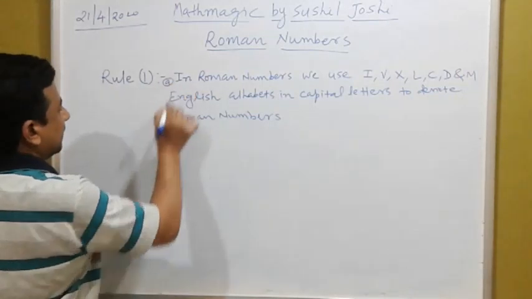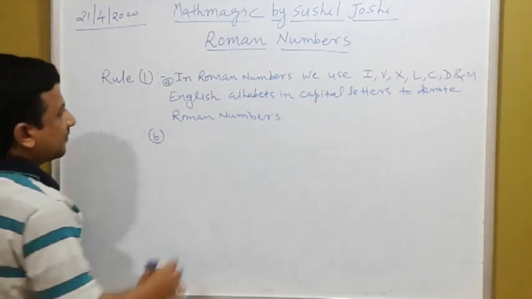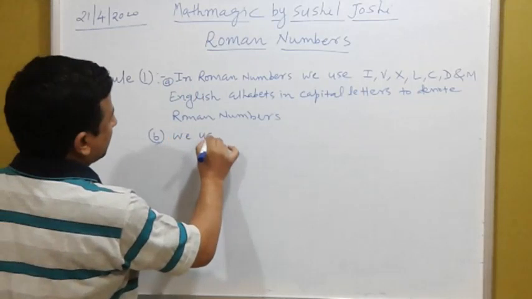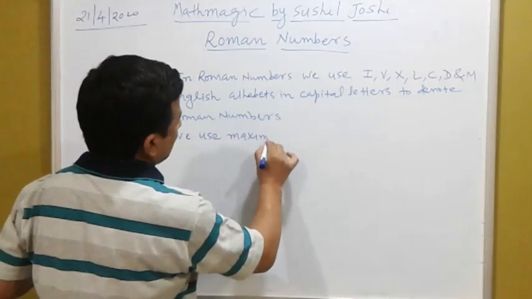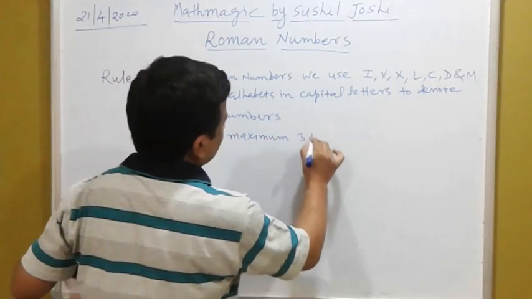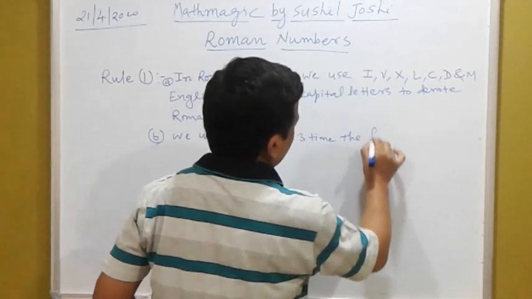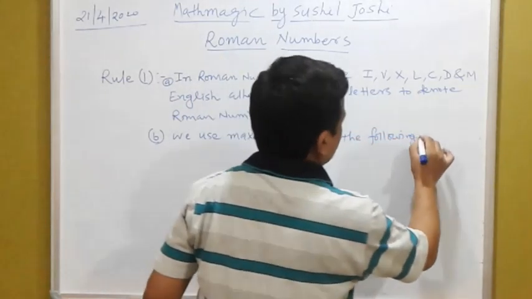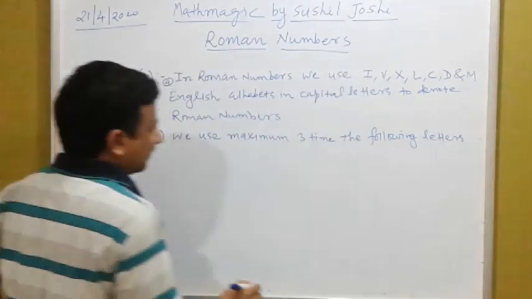Then the second part of rule 1. We use the following letters a maximum of 3 times.